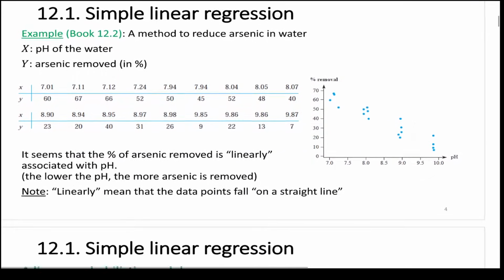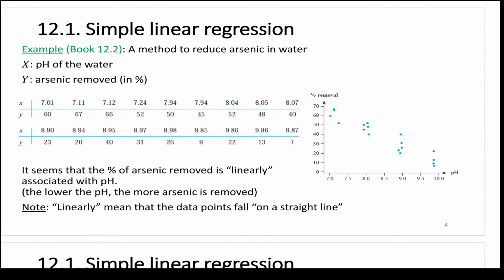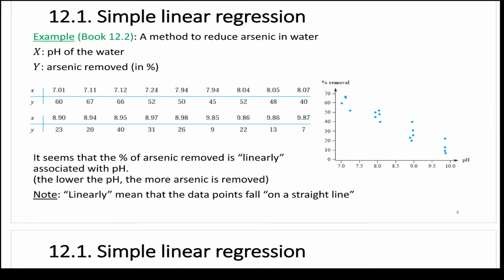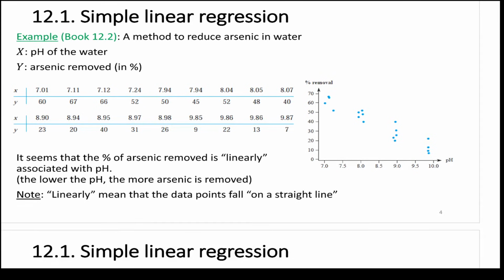If you look at this set of data here, x is the pH of the water and y is the arsenic removed in percent. According to the data that we have here, if we plotted it in a scatter plot, we would see a kind of negative relationship.